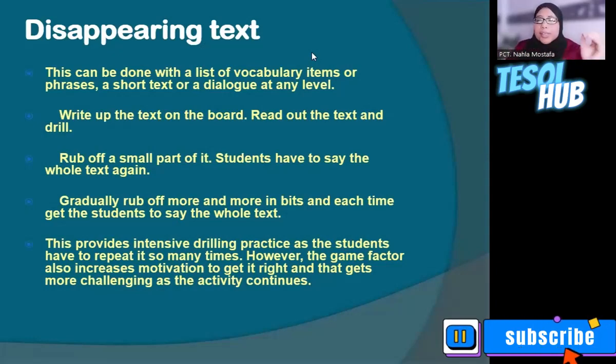So you will write a text on the board, a sentence for example, and you will erase part of it, and they will say the whole sentence as if you didn't erase anything. For example, I went to the mall and I bought many things. You will erase I bought many things. So they will say, I went to the mall and I bought many things, after erasing this part. So this is what we call the disappearing message.